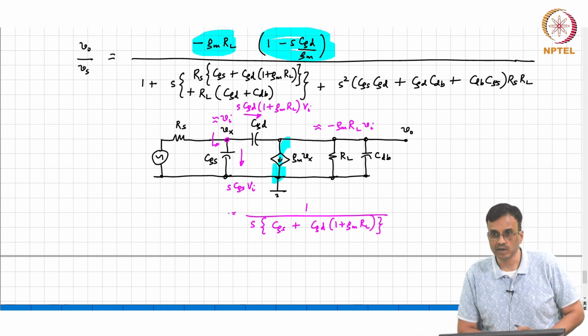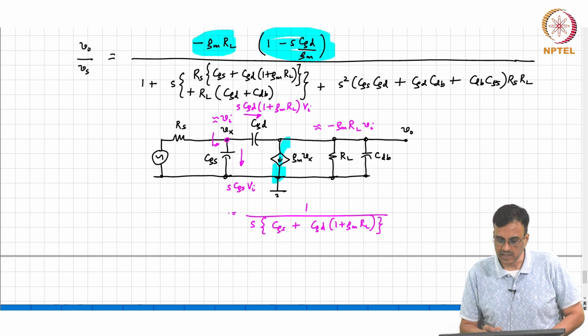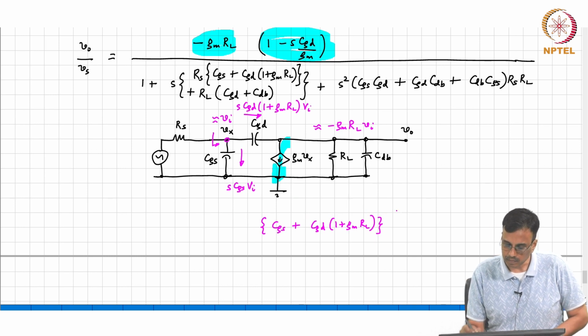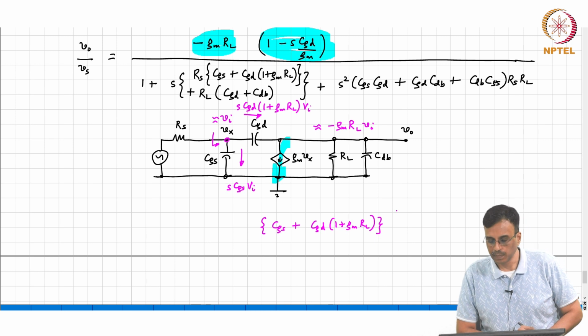Are they in parallel or in series? Okay, C1 plus C2. So looking in, therefore, it looks like a capacitance of CGS plus CGD times 1 plus GMRL.